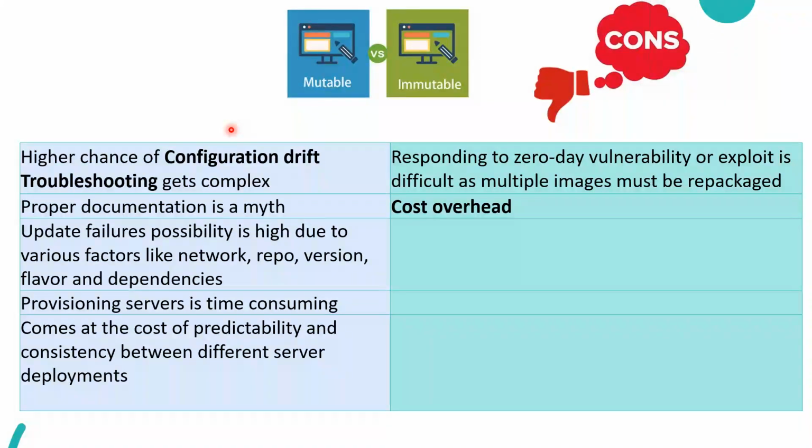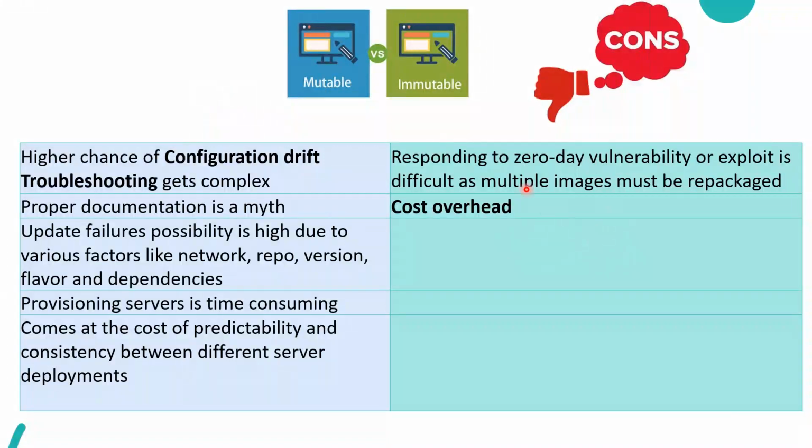Provisioning time is time consuming in the case of mutable, because in immutable we use images and templates. In case of any disaster in your data center, you just quickly redeploy them using those, whereas here you have to rebuild from scratch. So that is the problem with mutable, but it has the advantage of how we handle patching and how we push the IOS to your network devices and so on.